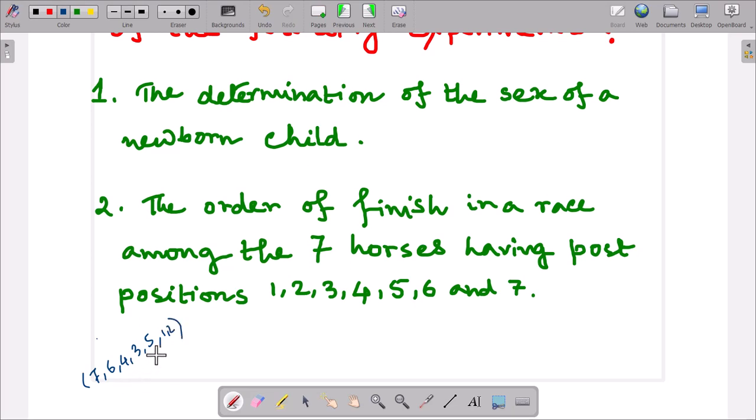It means the horse labeled by 7 stands first position in the race. The horse labeled by 6 stands second position in the race, like that. So you have to find the possible outcomes for this race. So find the sample space.